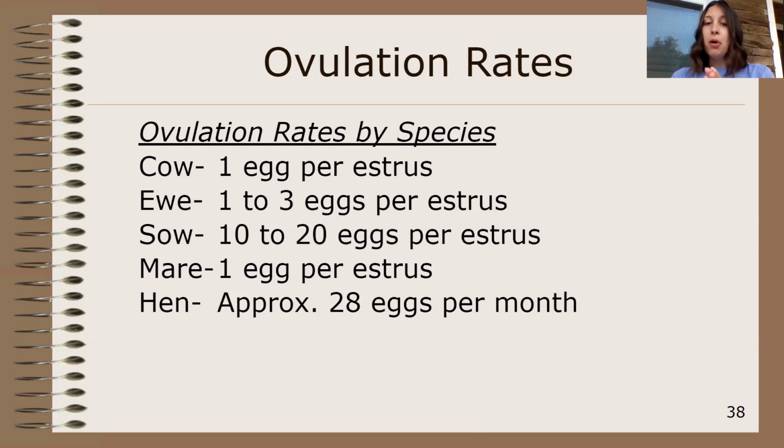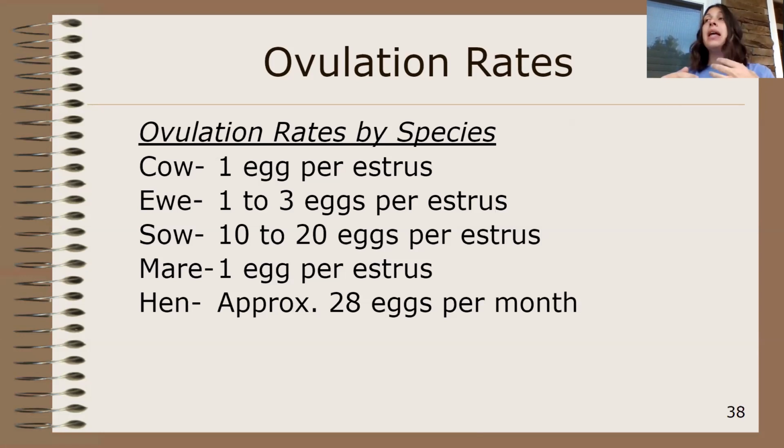A sow, which is a female pig, releases 10 to 20 eggs every estrus. This is because pigs have litters. They normally have 12 to 15 piglets each time they give birth. Kind of like dogs. Growing up, we raised labs.